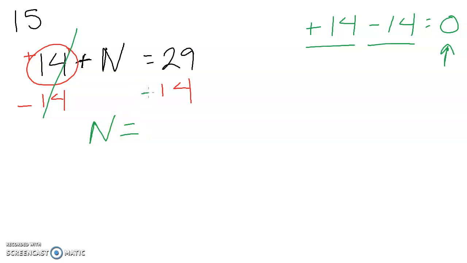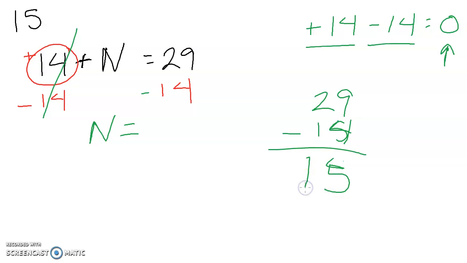And then you have 29 minus 14. 29, 14, 9 minus 4 is 5, and 2 minus 1 is 1. So yes, I got ahead of myself. That is supposed to be 4. So it's 29 minus 14 equals 15.